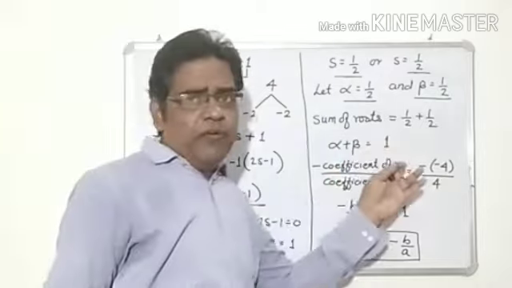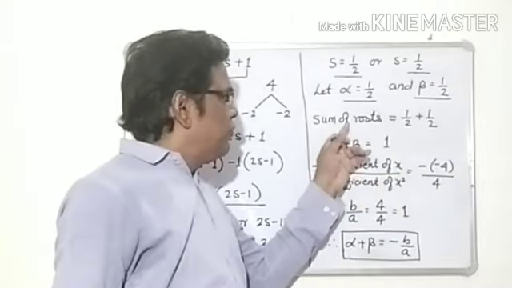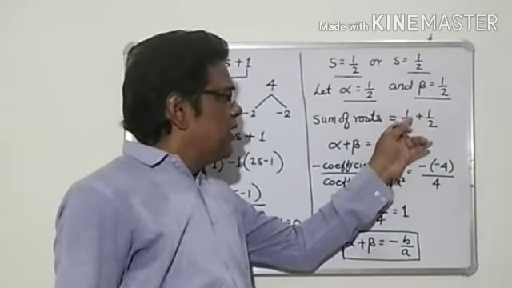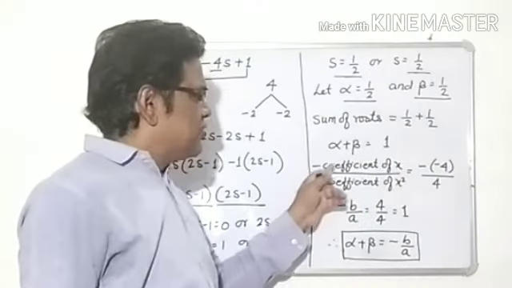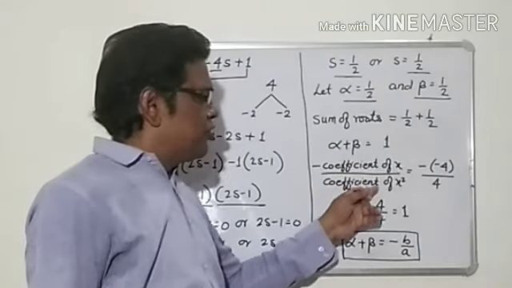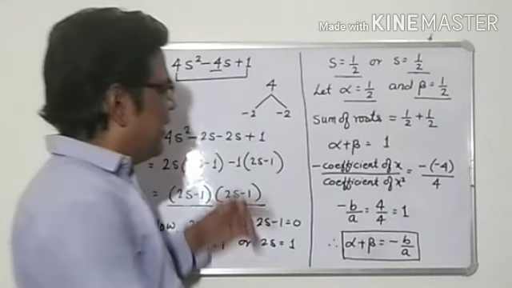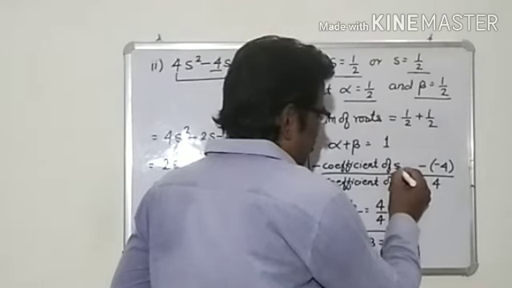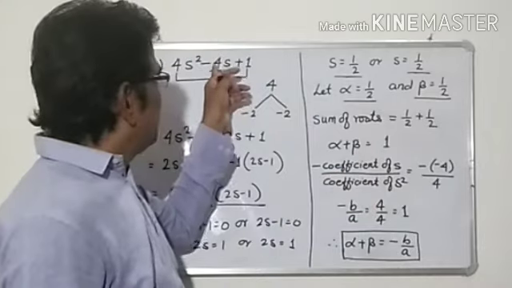Next is verifying their relation with the coefficients. So first we find the sum of the roots. So alpha plus beta, 1 by 2 plus 1 by 2 will be 1. Then we do minus coefficient of x upon coefficient of x square. Here instead of x you write s because your variable is s. So coefficient of s is minus 4.